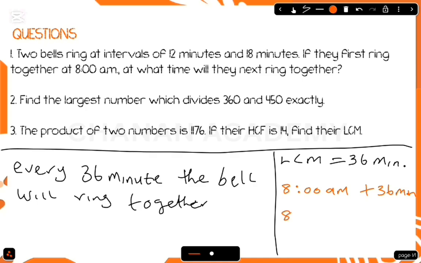So 8 a.m. plus 36 minutes will give us 8:36 a.m. So if the bells ring together every 36 minutes, it means that the next time after 8 a.m. will be 8:36 a.m. That's when the bells will ring together.